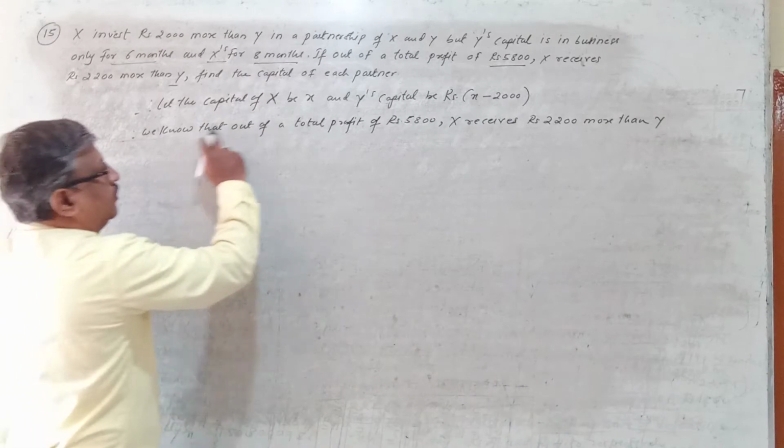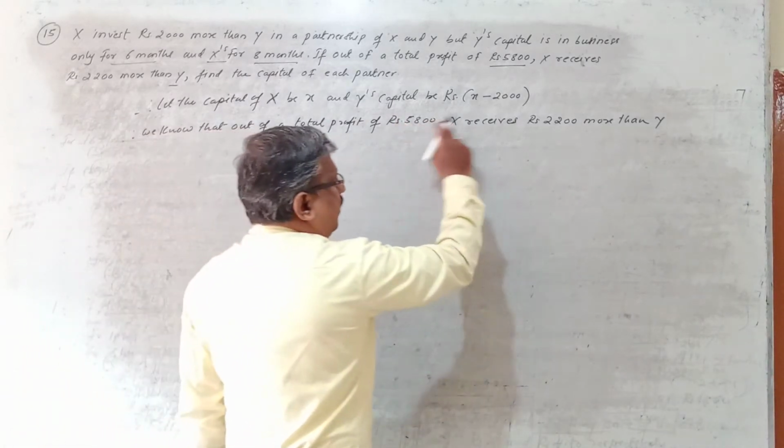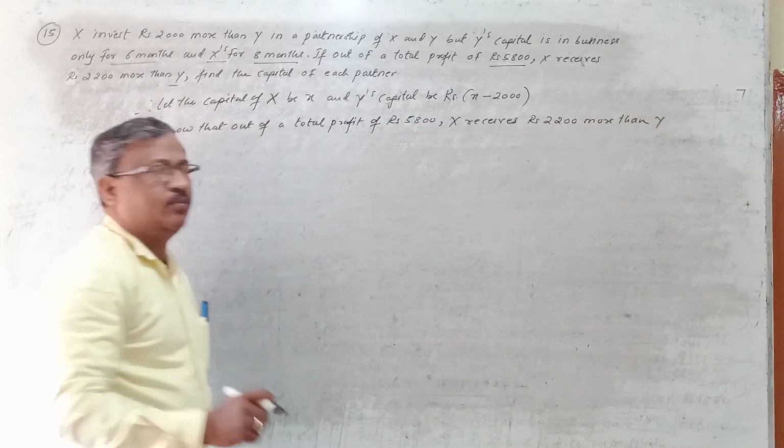We know that out of a total profit of 5800, X receives rupees 2200 more than Y.